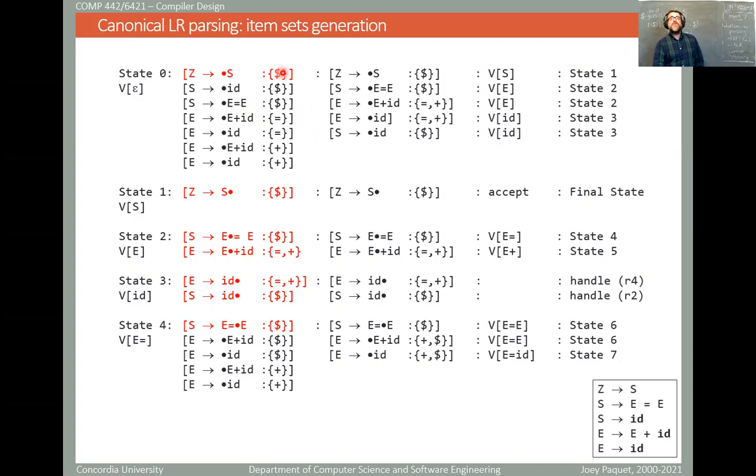So the next thing you do is you have to somehow consolidate these, because you have some replications here. For example, here you have two items that are the same, and here you have two items that are the same. So these you must merge into the same item by taking these two items and merging their look ahead sets, thus forming this new consolidated item with the look ahead set being merged.